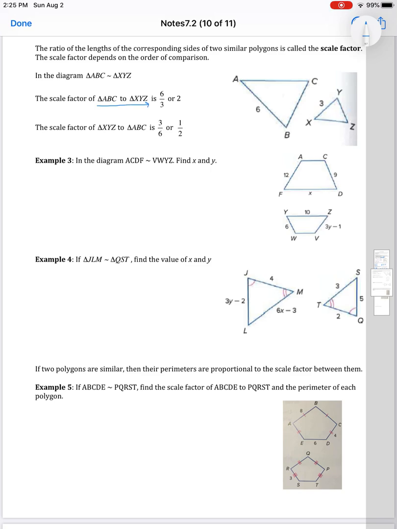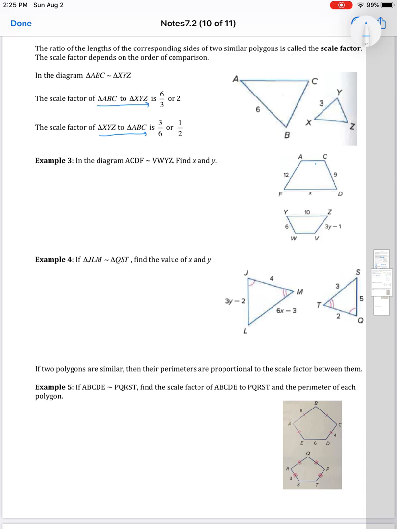The scale factor, going in this order, from ABC to XYZ, would be 6 over 3. Whereas if you look, this order has flipped. If you're going the other way, from XYZ to ABC, you have to do 3 over 6, which reduces to 1/2. So be careful: if you're given the order already in a similarity statement, make sure that's the one you're using.